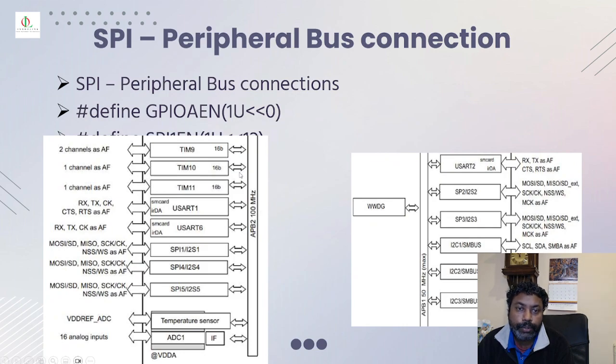So if you go to the functional block diagram, you can see the SPI peripheral bus connections. In this example we're going to use SPI 1. SPI 1 is connected to the APB2 peripheral bus, and we are also going to use GPIO port A. So we need to enable both clock accesses, the GPIO enable and the SPI enable.